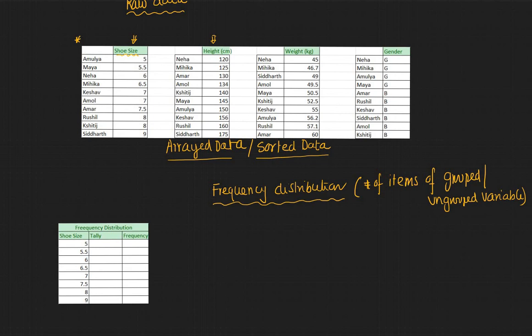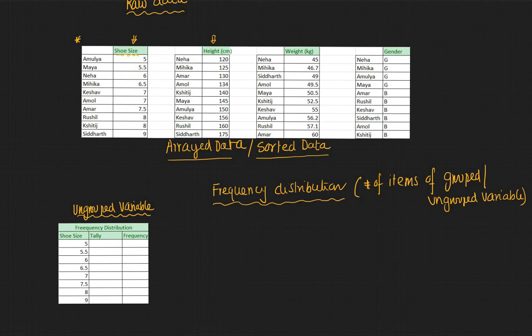Now, what do you mean by grouping or ungrouping? So let's first look at the ungrouped variable frequency distribution, right? If I were to group this it would look a little different.